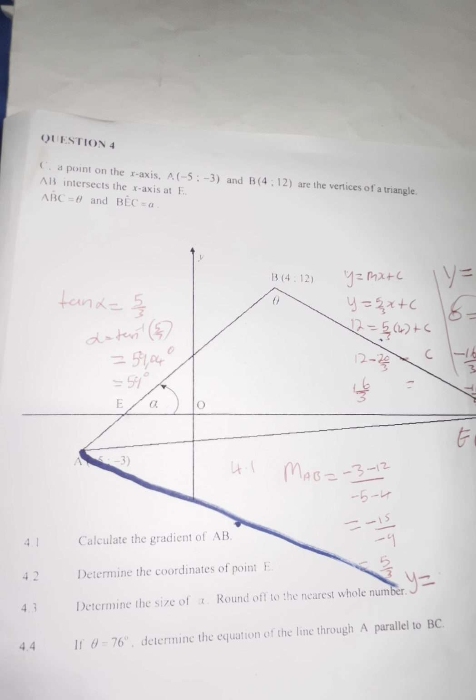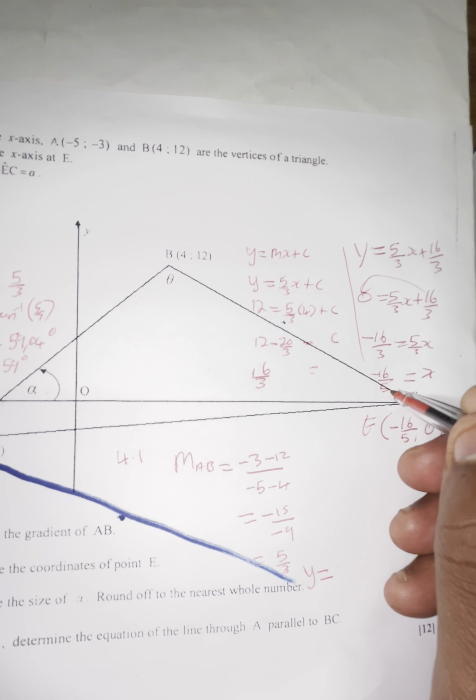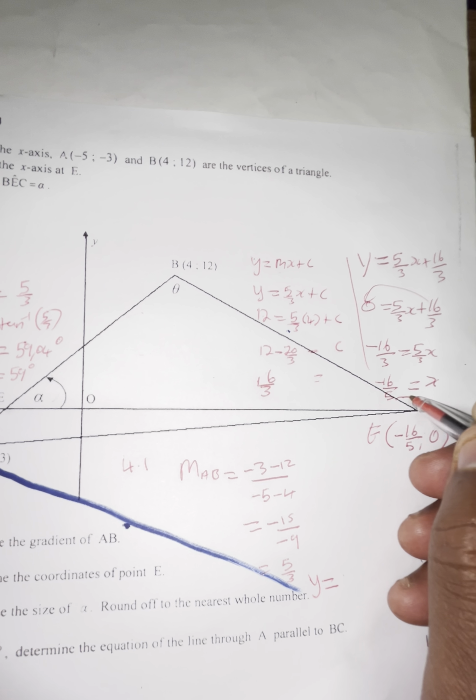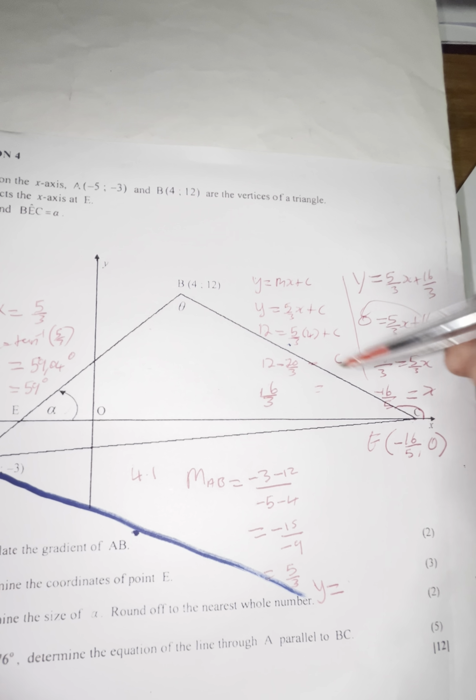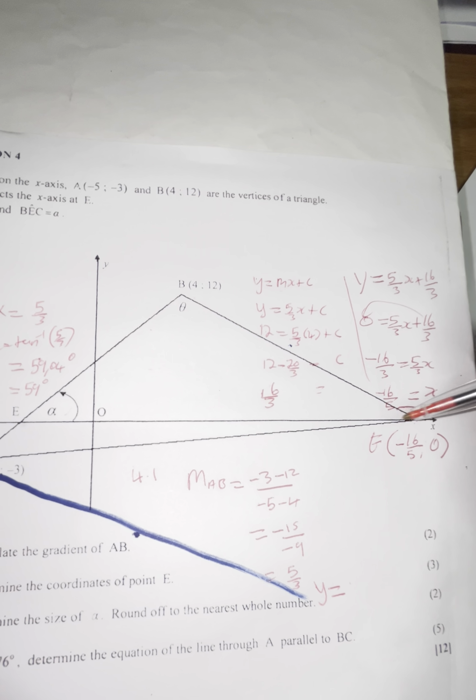Before you can calculate the gradient of BC, it's 5 marks, right? So you need to determine this angle here so that you will know the gradient of the line BC. Once you know the gradient of the line BC, it means the gradient of the line passing through A will be equal to it, because we are told that this line is parallel to the line BC.